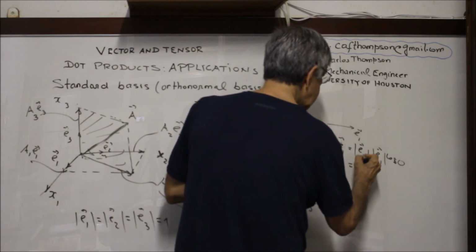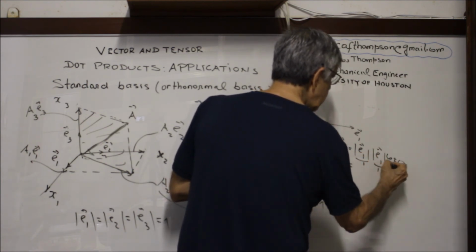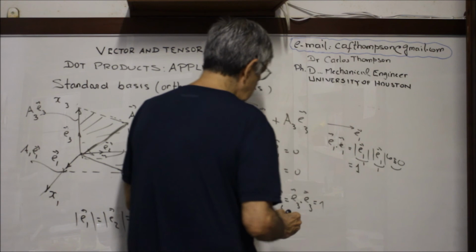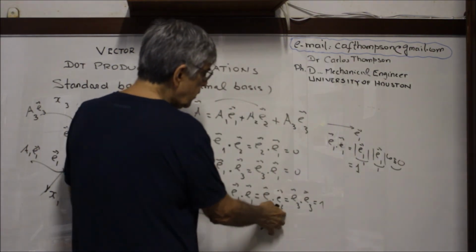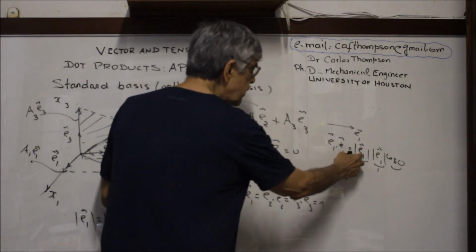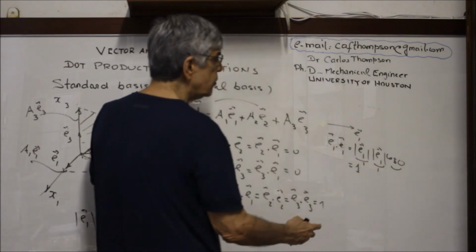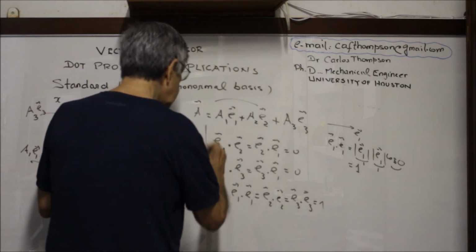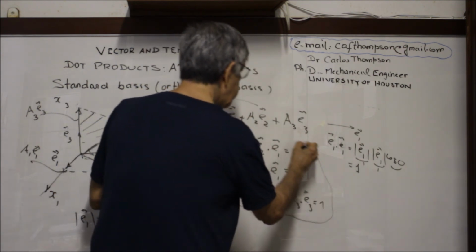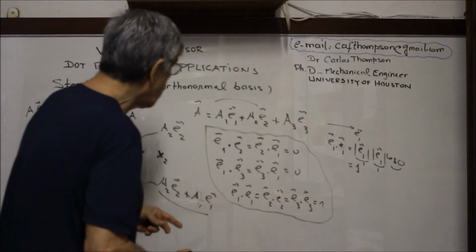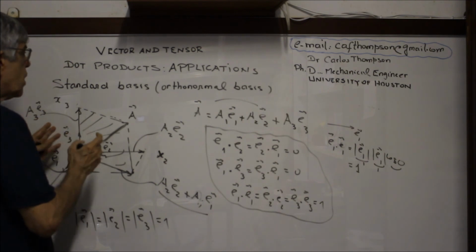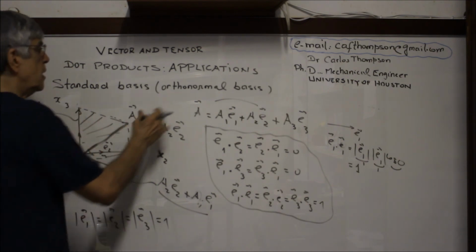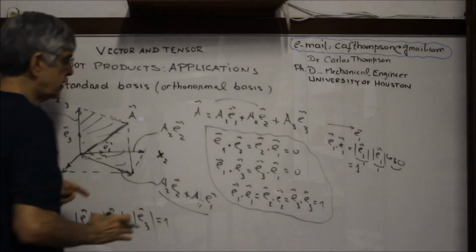This is 1, this is 1, this is 1, so that's 1. Likewise, E2 dot E2 is the size of E2 times the size of E2 times cosine of 0, which equals 1. So this is a very important result because we are using an orthonormal basis.